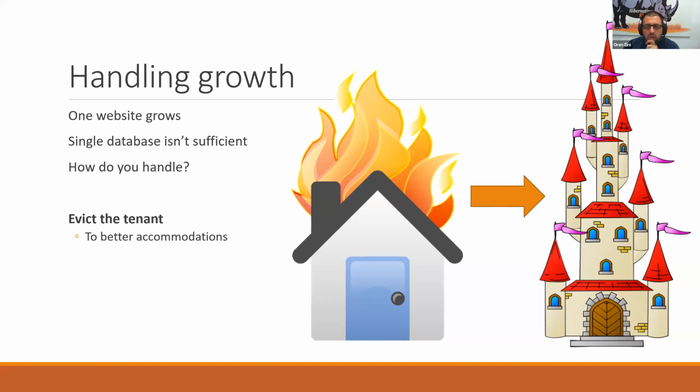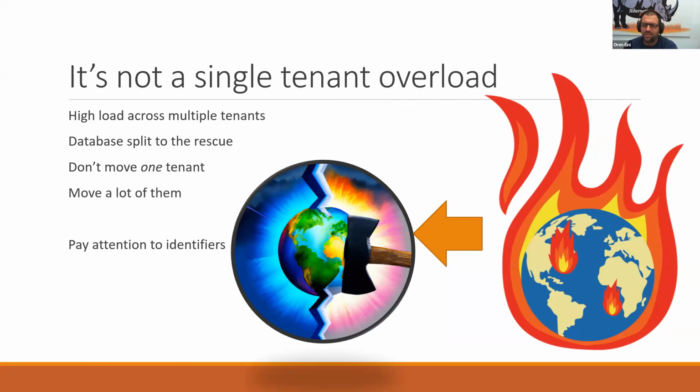Now, let's talk about a more complicated scenario. What happens if I don't have one tenant that is too big, but I just have slowly growing load across the board, and my database is starting to become overloaded? So what I'm going to do is cut it in half and move it to two databases.